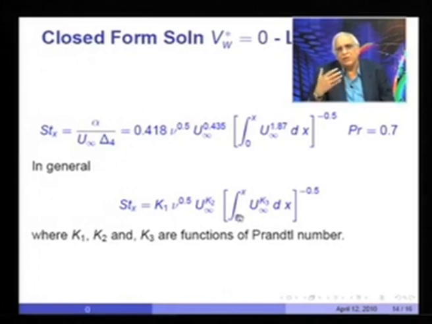This is something you can do by yourself, because you already have the similarity solutions available to you for different Prandtl numbers for m equal to 0 and m equal to 1, and you can generate the solution.